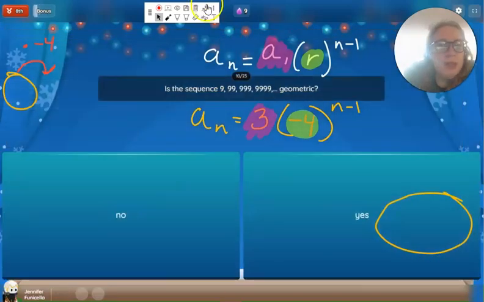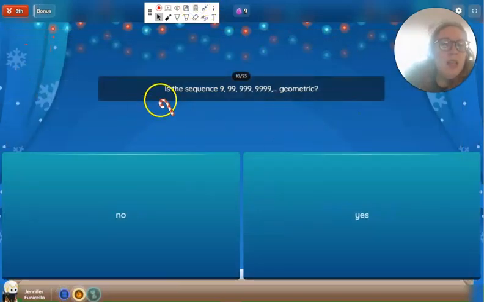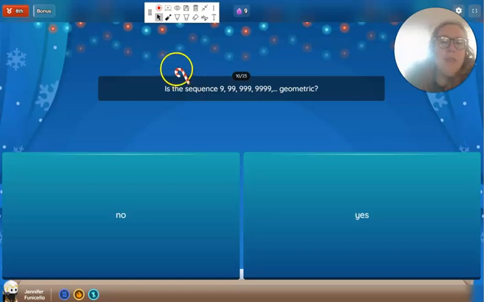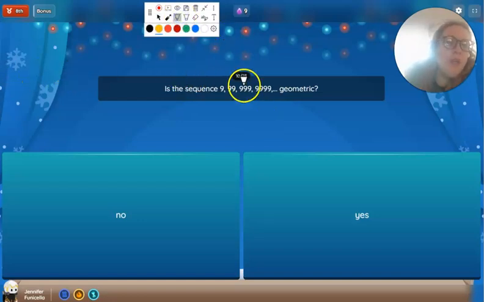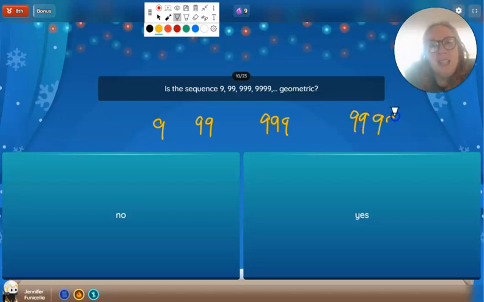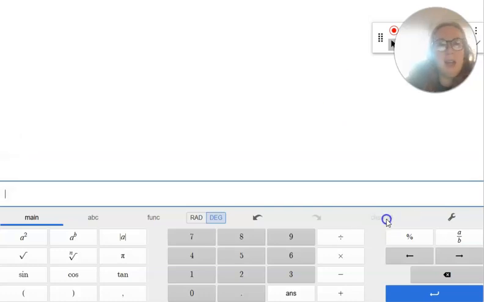Perfect, y'all. We're going to look at question 10 next. Is this sequence geometric? Okay, so we have 9, 99, 999, 9,999. Very fun. So to go from 9 to 99, we multiply by 11, right? I can check that in my calculator. 99 divided by 9 is 11.